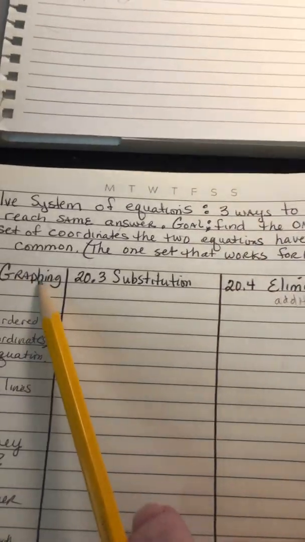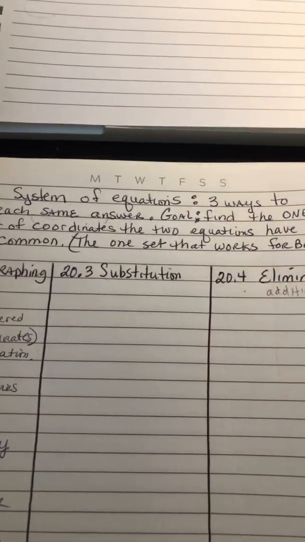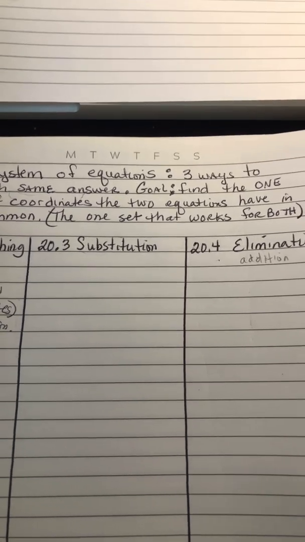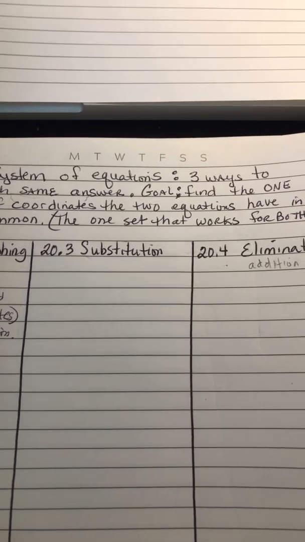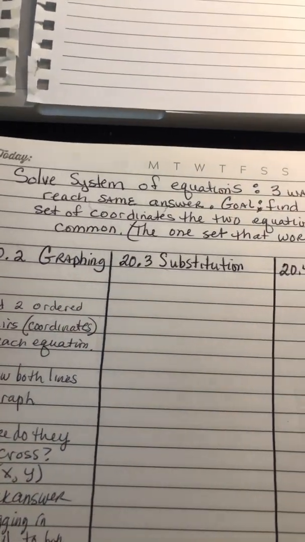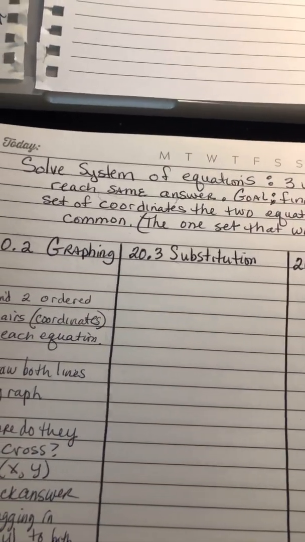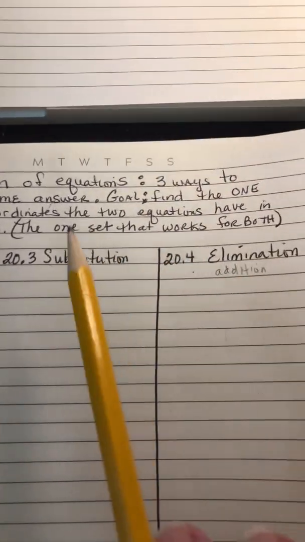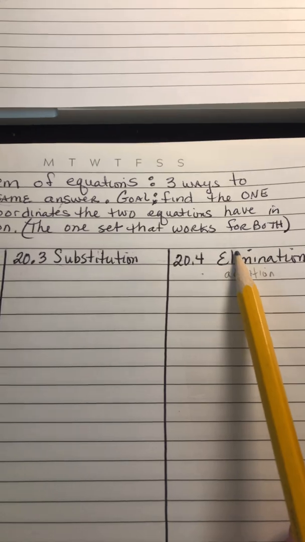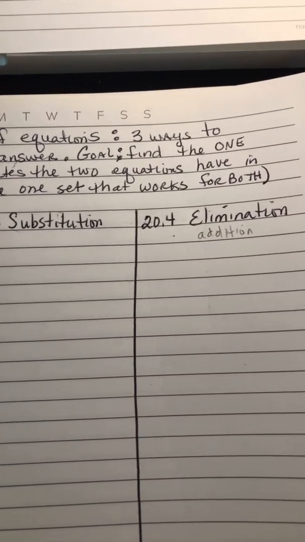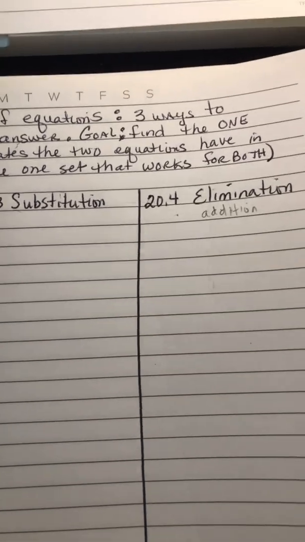So I'm going to make 3 videos for you, but I wanted you to understand that all 3 methods are accomplishing exactly the same thing. This one will do it with graphing so we can visually see that common point on the graph, but you can find that common point, that set of coordinates, by doing a little bit of math and not even have to draw it on the graph. You can still find out where that spot is.